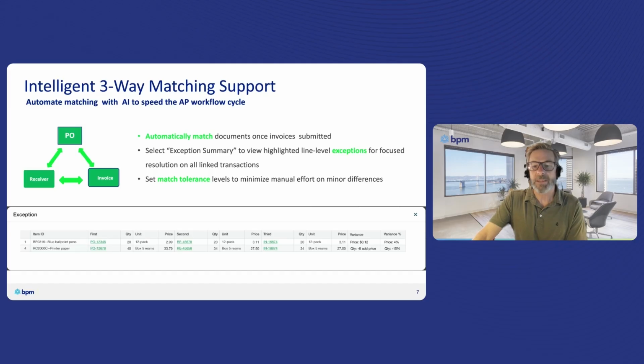So if you are in an inventory-based company and you have receivers that you need to match to those POs and to those invoices, so you can get it all paid, then this is the thing you've been waiting for to get that complete cycle. You can set tolerances for the match so that it doesn't automatically match things that are outside of the acceptable range.